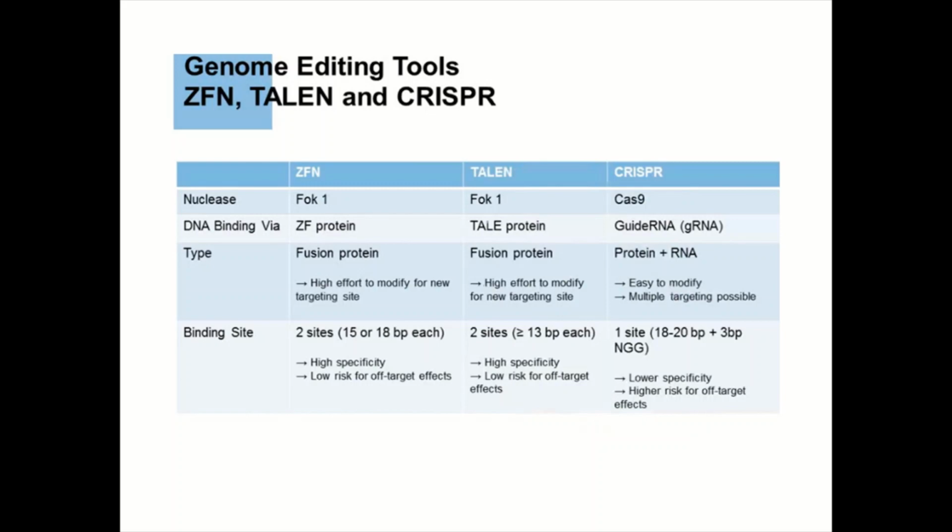In zinc finger nucleases, the binding site is formed by two sites, 15 to 18 nucleotides long, and in TALENs, the DNA binding site is also formed by two sites, which are approximately 13 base pairs long, but in the CRISPR-Cas9 system, only one site is used for DNA binding.